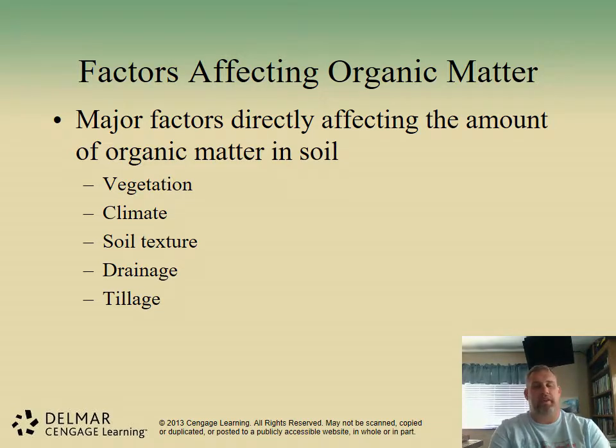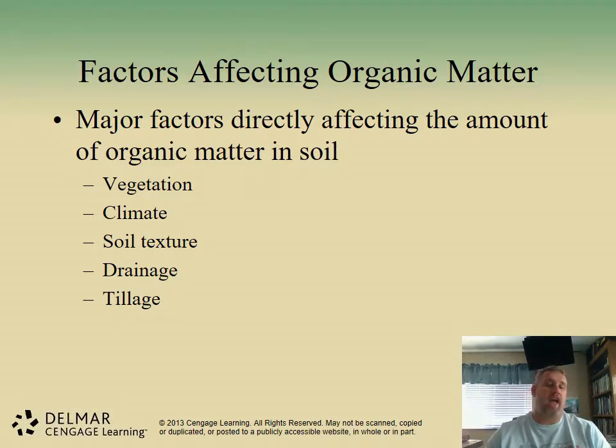Climate also has a very important aspect to this because of the moisture more than anything. When you have moisture, you're able to perpetuate bacterial activity and fungal activity faster than in a drier climate. Also, as it gets warmer, a moist climate is able to decay and break down materials faster than a drier, colder climate.